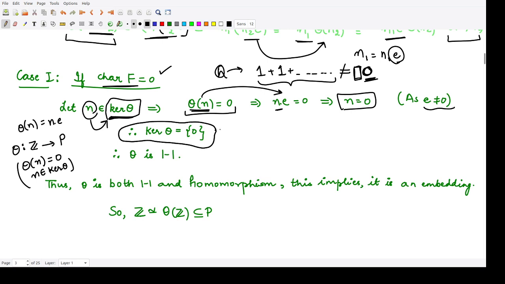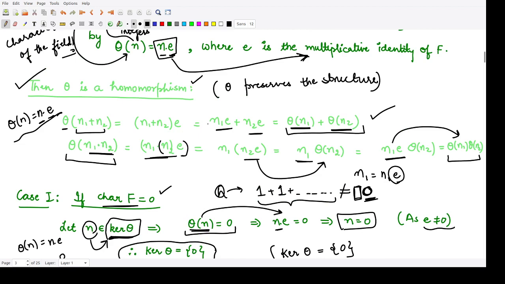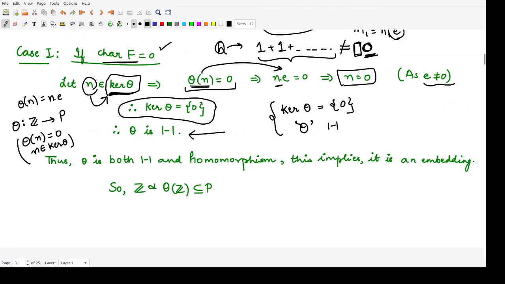And this is a theorem: if the kernel of any mapping contains only the 0 element, or the identity element, then that mapping theta is 1-1. So this is a result. According to this result, we have 1-1, and we have also shown that we have a homomorphism for this particular mapping.